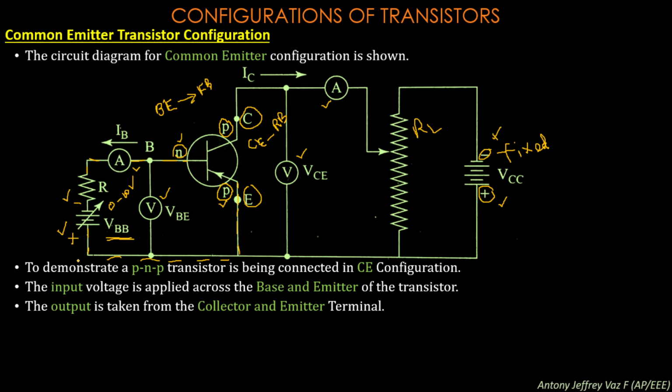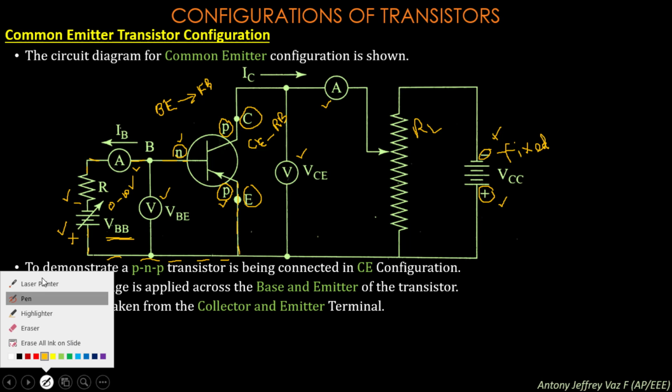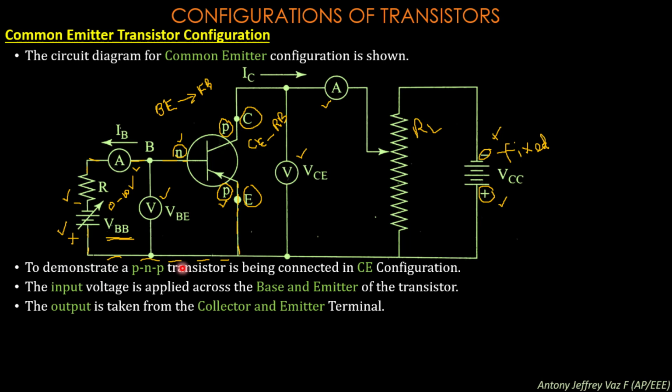Regarding the demonstration, you need to see the PNP transistor is connected in common emitter configuration as shown. The input voltage is applied across the base and emitter of the transistor. So this is the input voltage, across the base and emitter of the transistor.